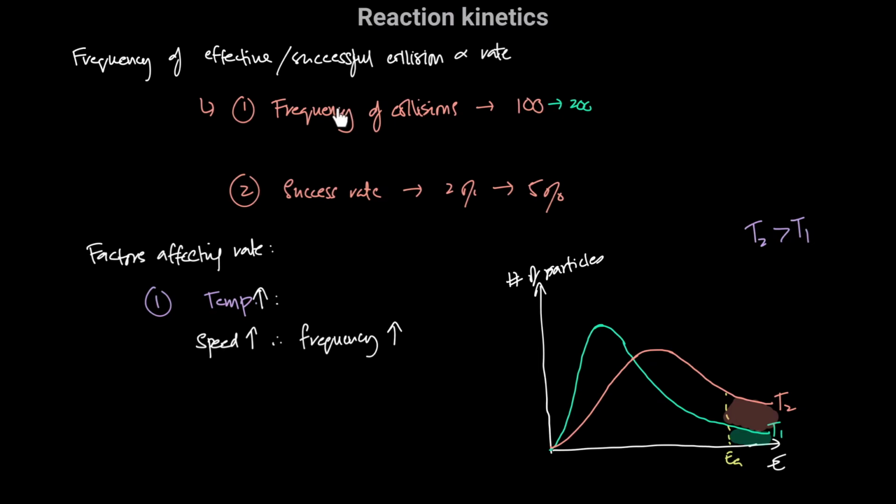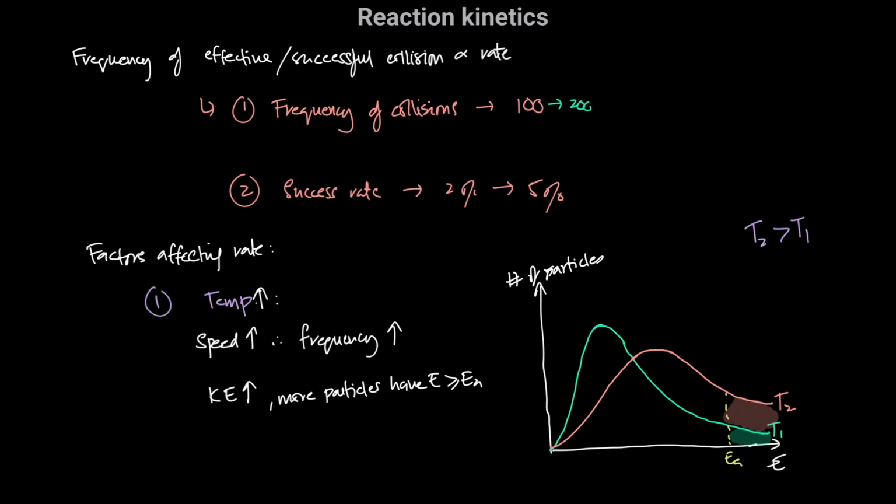And if I increase the temperature, I also increase the kinetic energy. Temperature is just a measure of the average kinetic energy. So if I increase the kinetic energy, more particles have energy greater than or equal to the activation energy. So I've also increased the success rate.